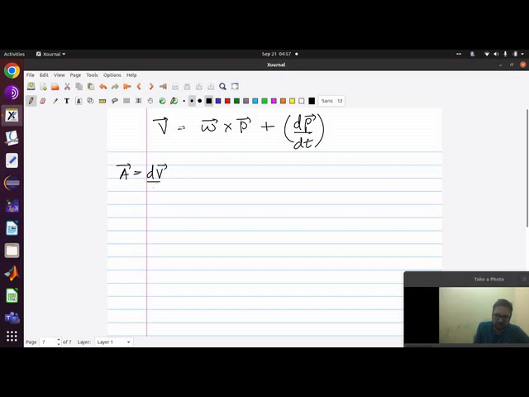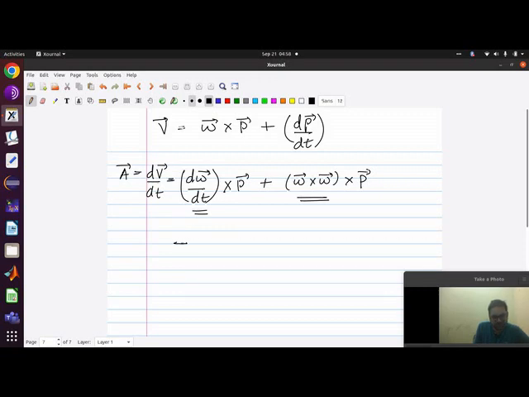So you have your acceleration, which is dv by dt, which is, first vector omega, d omega by dt, magnitude, cross p, plus omega cross p.